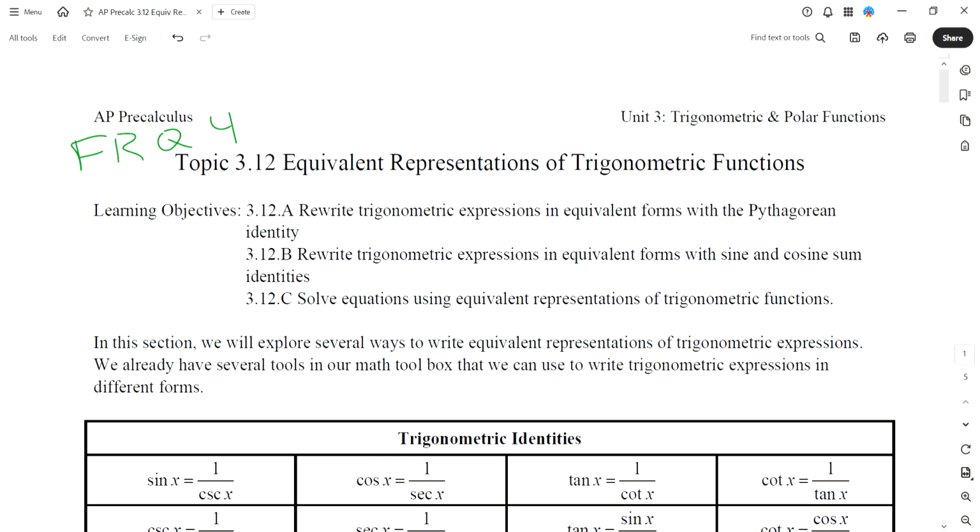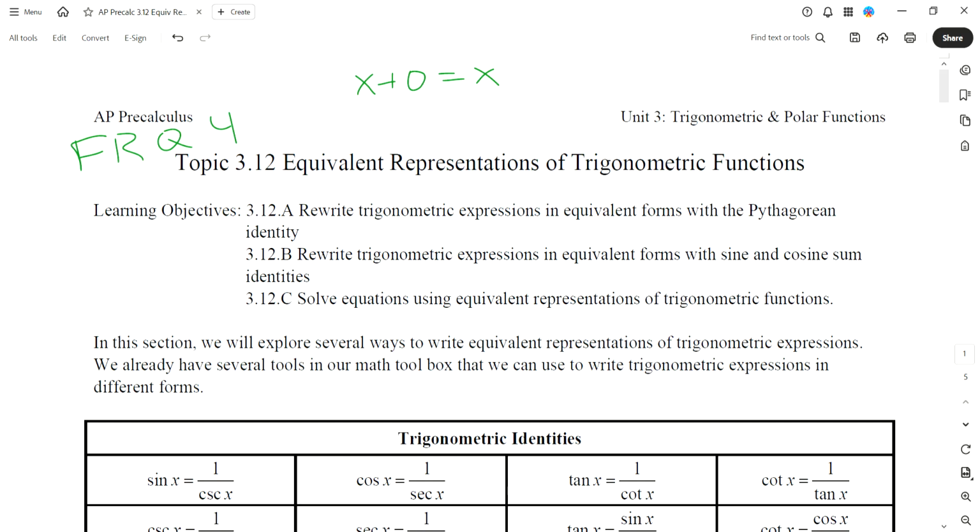So when we hear the word identity, the only other place that we have really seen the word identity is actually back in algebra. I know that sounds silly, but it's true. An identity is 2 expressions that are equal to one another. For instance, x plus 0 equals x. That is an identity.